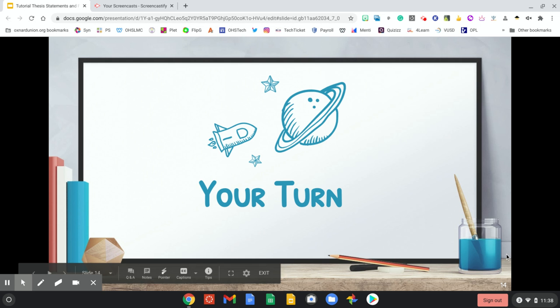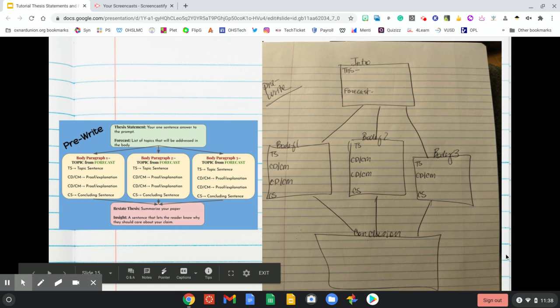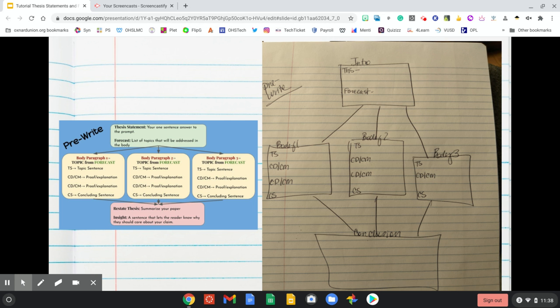Now it's your turn to try. Here on the left, you'll see the image of the pre-write, but in real time, it's not going to look that pretty. So you'll see my version of it, just a quick one, in my notes.